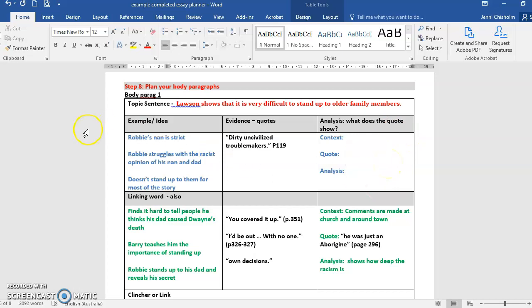All right, so basically when you put this together into a body paragraph, you start with your topic sentence, then next comes your idea, and then the evidence to support the idea, and then the analysis. Okay, and then you'll have a linking word to join up your next idea. All right, so you're working from top to bottom and left to right and putting it in that order.